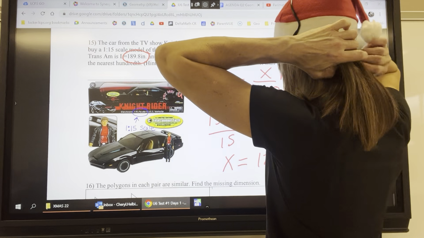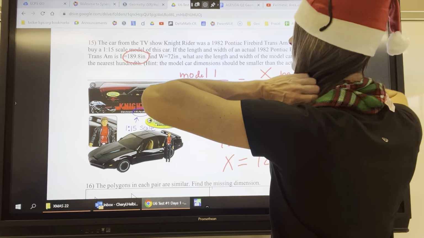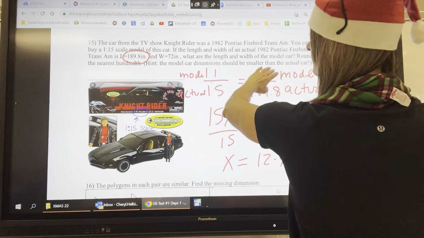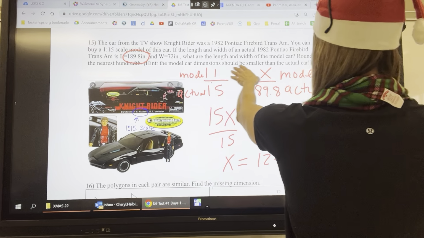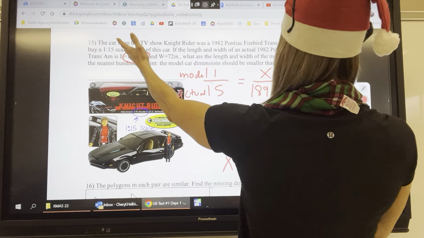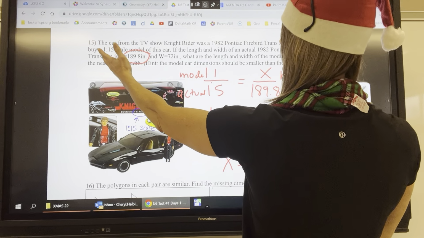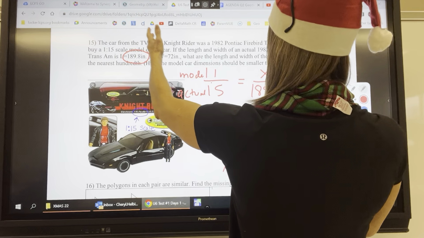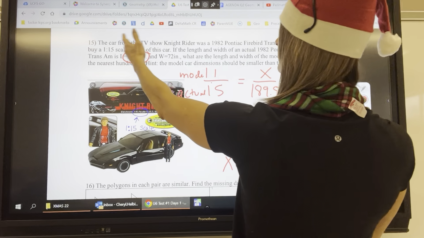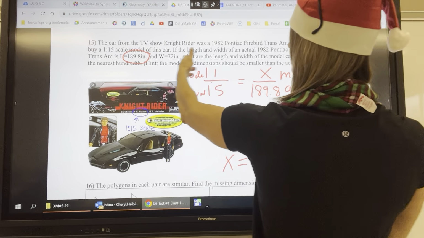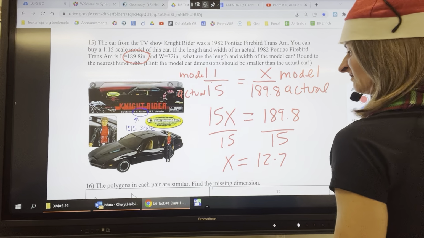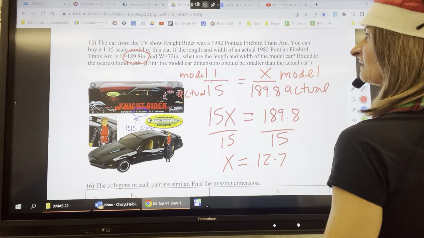Where are the units for the actual car? Is it inches? Inches it is. Really? That's not right.